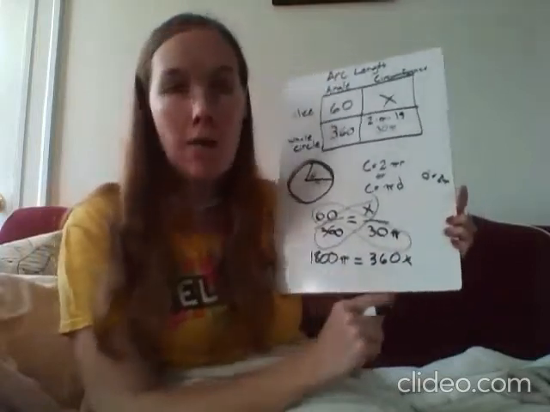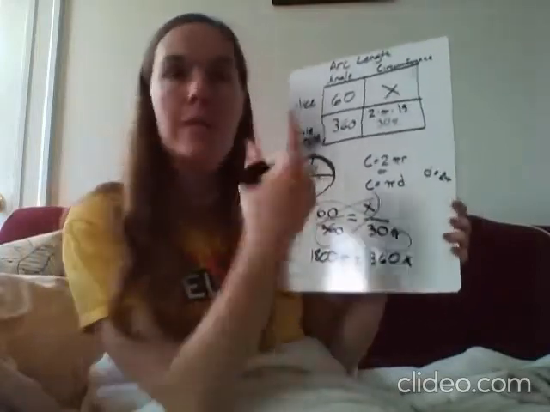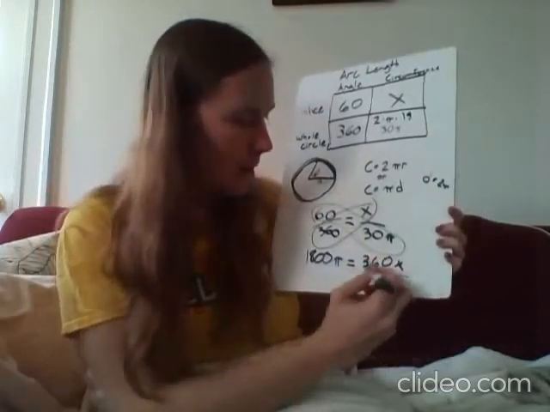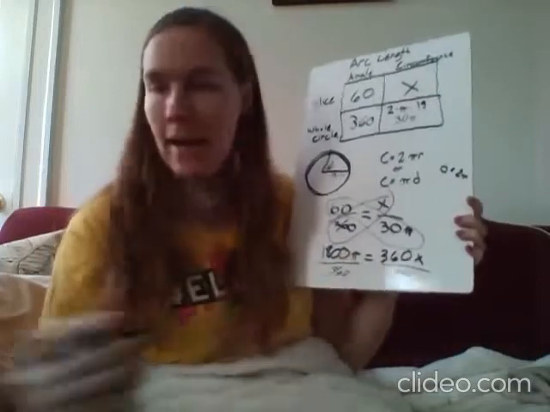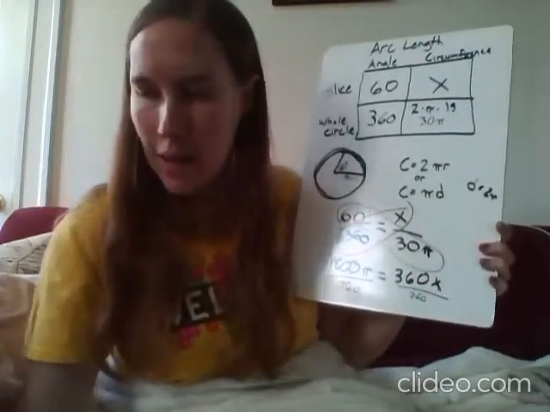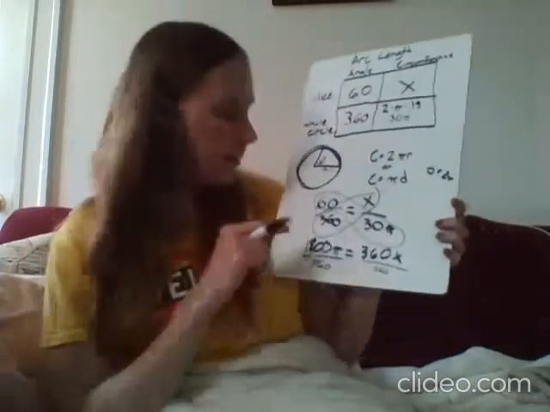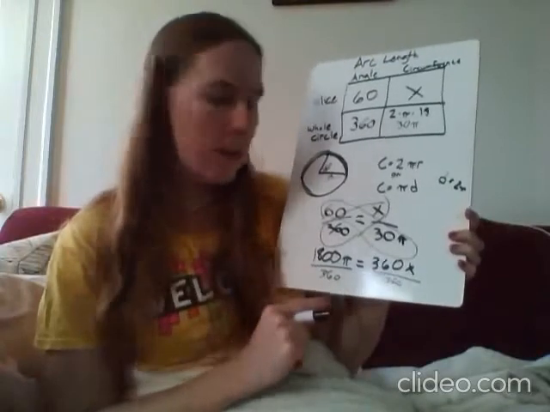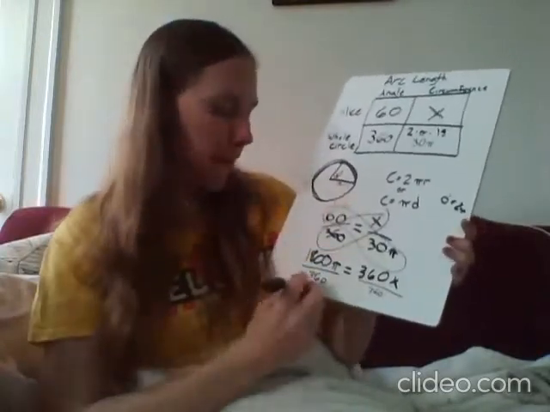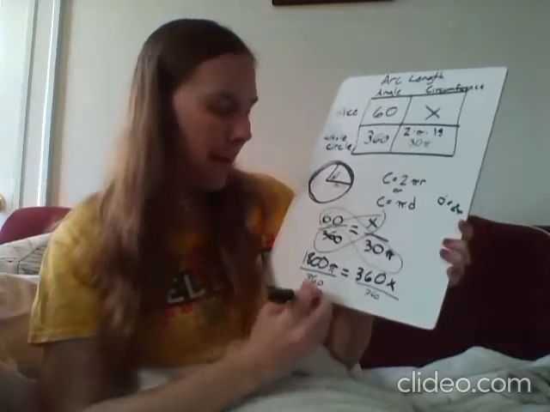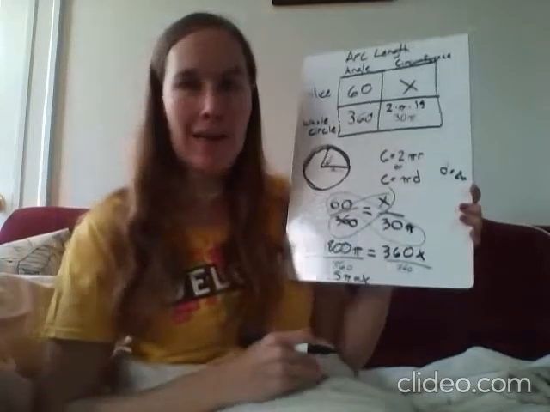Remember, we were trying to solve for x, so we want to get the x alone, so we divide each side by 360. I cannot do that in my head because I don't want to. So when we divide 1,800 by 360, we end up with 5, we keep our pi, equals x.